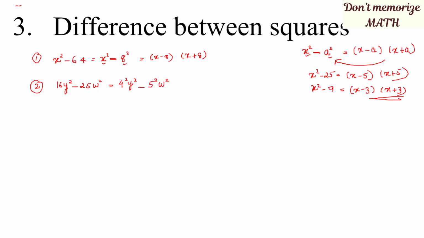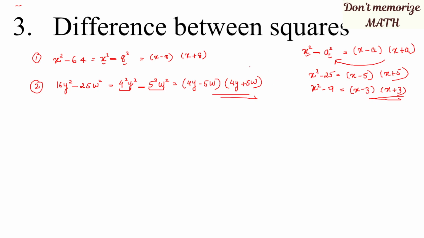Now this became difference between squares, both of them are squares. Just take 4y and 5w. So you will get 4y minus 5w. The next one will be 4y plus 5w. That's it. This is the factorization.